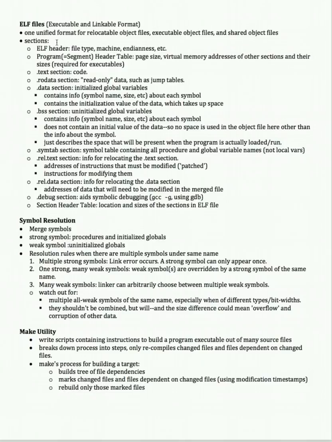So an ELF file has many different sections, including the ELF header, the program or segment header table, .text, .rodata, and so on and so forth, where you should know what each of the sections stores. The .text section stores the code, and the .rodata section, short for read-only data, stores read-only data, of course, such as jump tables.